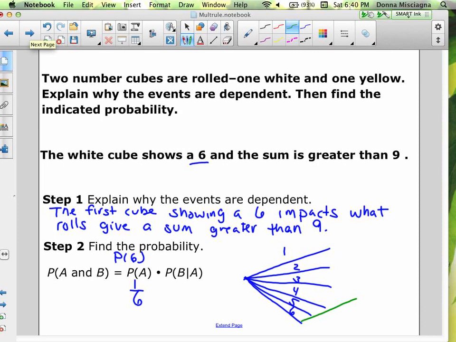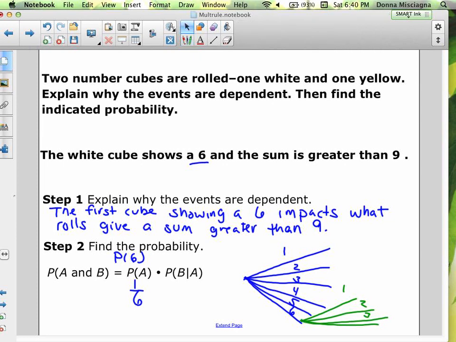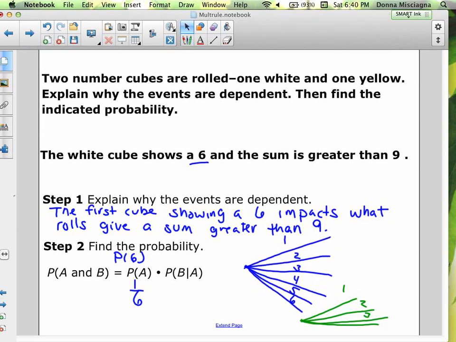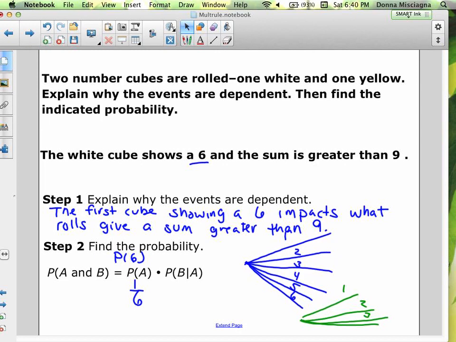Well, 1 won't work. And 2 won't work. And 3 won't work. And 4 won't work, and I've again run out of space. Let's see if I can move that up just a little bit.